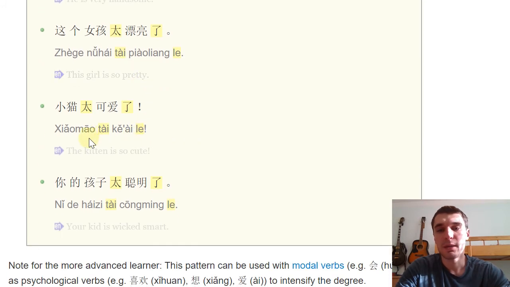Okay. 小猫太可爱了. 小猫 means cat. 可爱 means cute. 太可爱了 is so cute. The kitten is so cute.